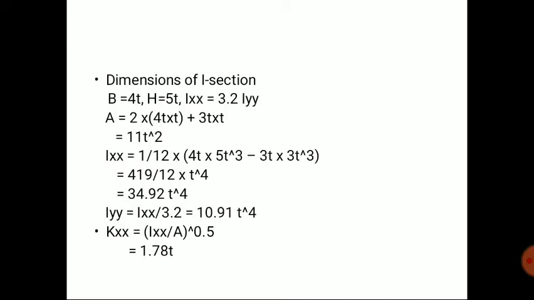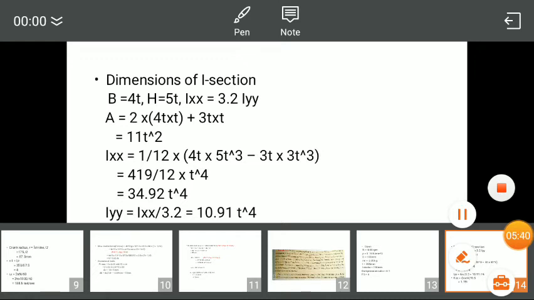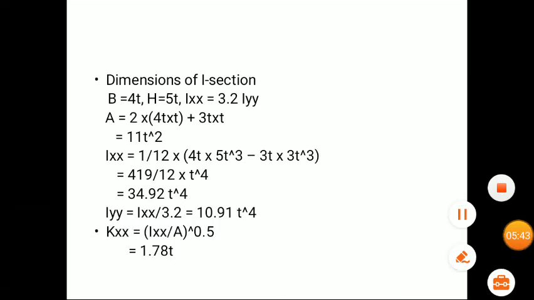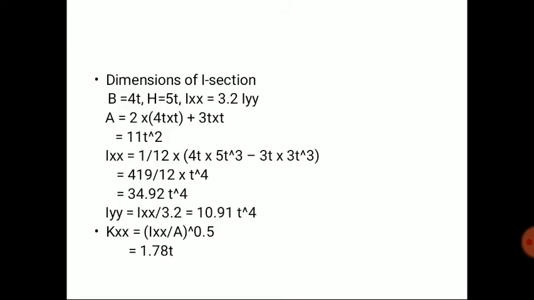Okay, so we are going to the different dimensions of the section. You can find these dimensions in the last pages of the data book, on page number 418, where you can see the different dimensions of the I section.